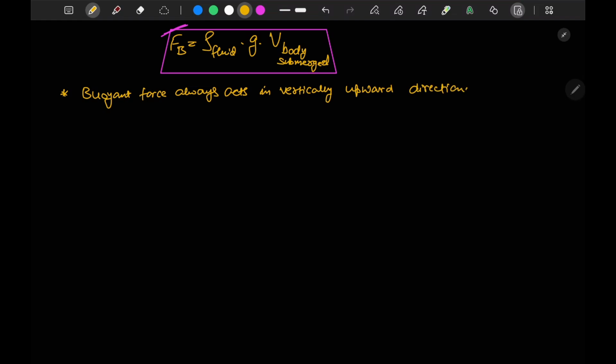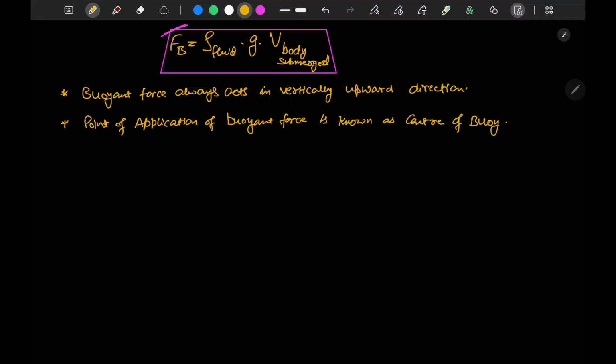And the point of application of buoyant force is known as the center of buoyancy.